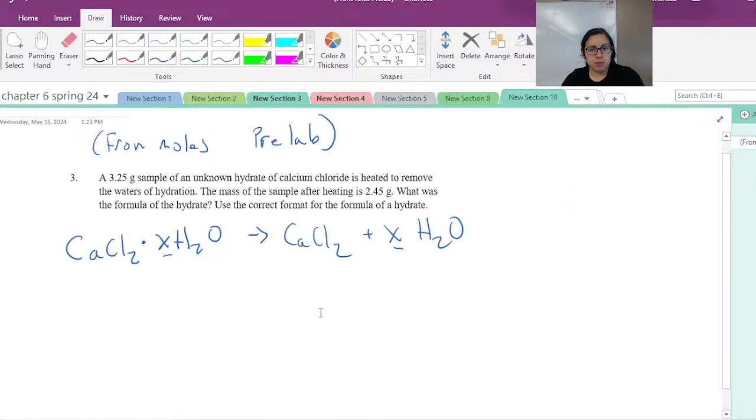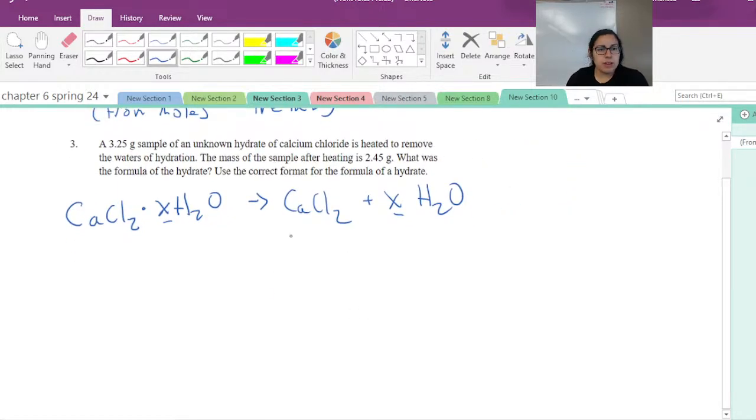Yeah, so now find our difference. We should pair together our pieces of information and what we need to know. Here we have this 3.25 grams, but we can't do anything with it because we don't have the true molecular weight. We just know there's an X, so we just put that there.